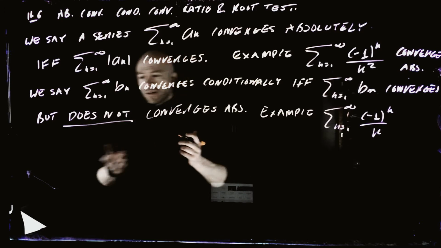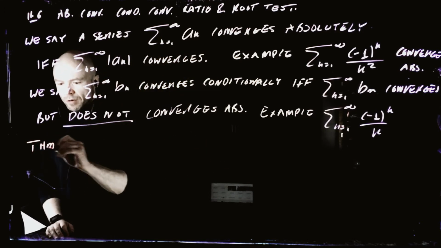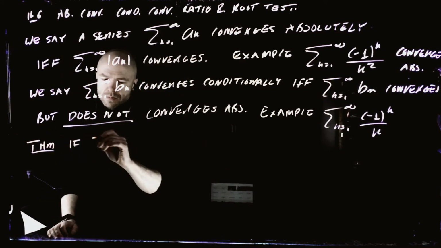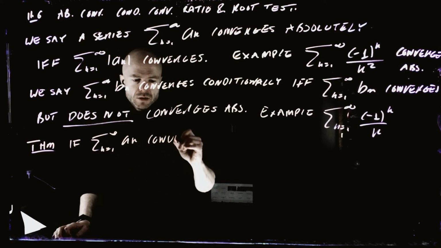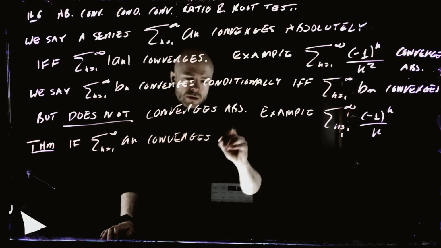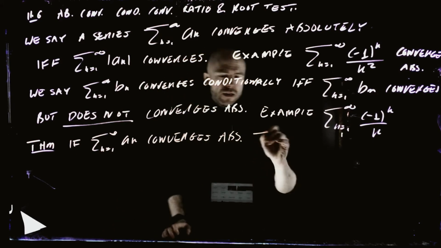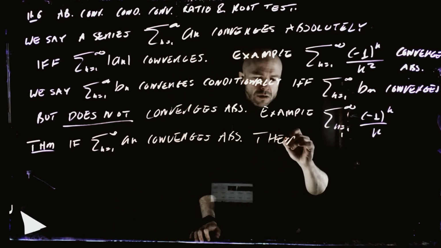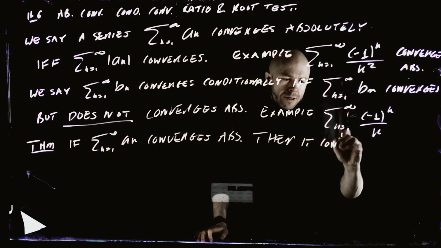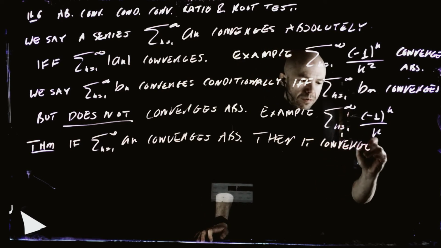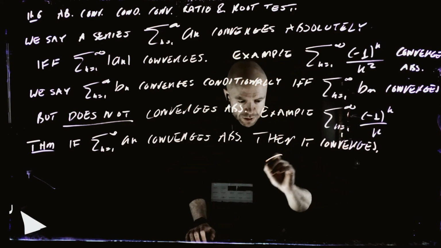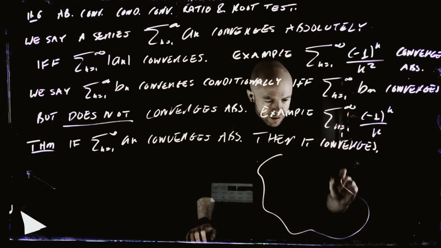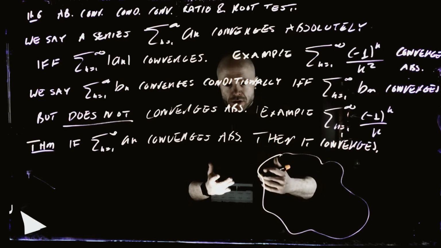And in fact, there's a theorem. It's an easy theorem. I'm not going to prove it again. If the sum k equals 1 to infinity, ak converges absolutely, then it converges. And this just follows easily from the comparison test. So let's represent the information of this theorem as a picture. Let's let this blob denote all the series that converge.